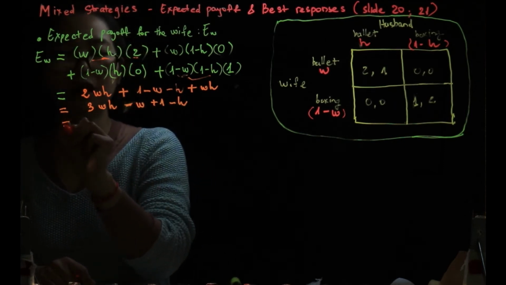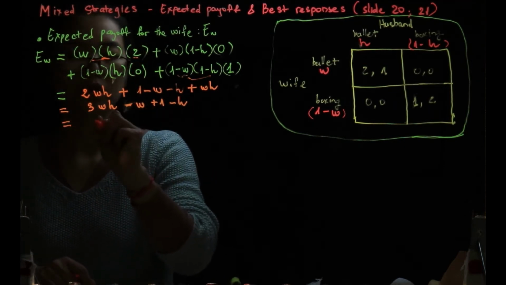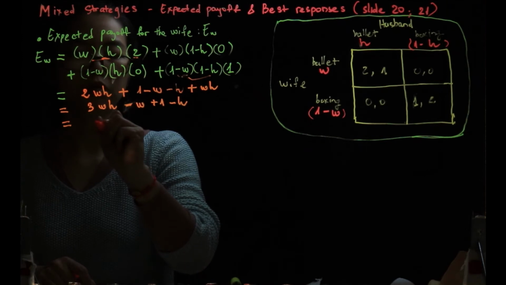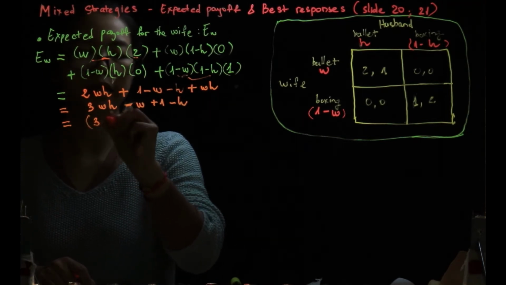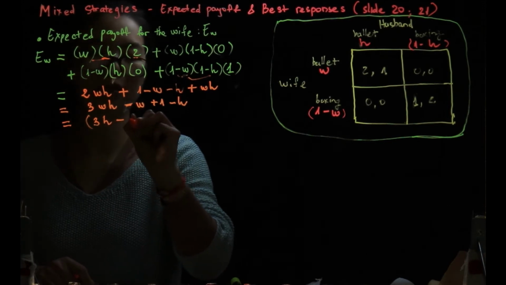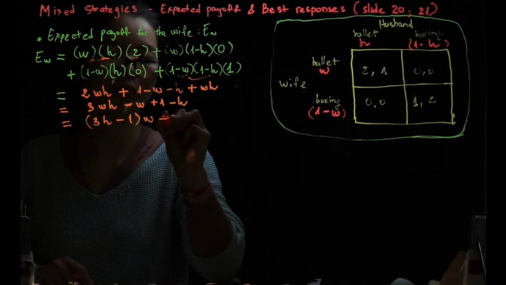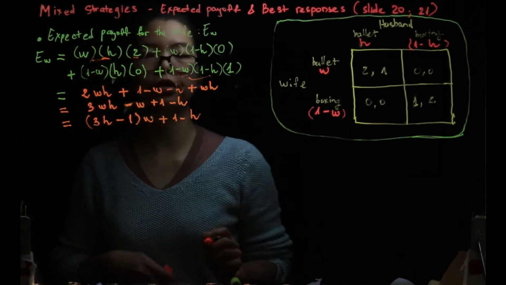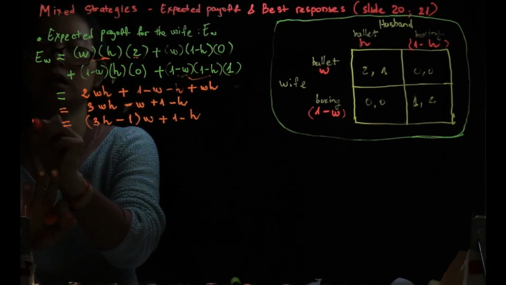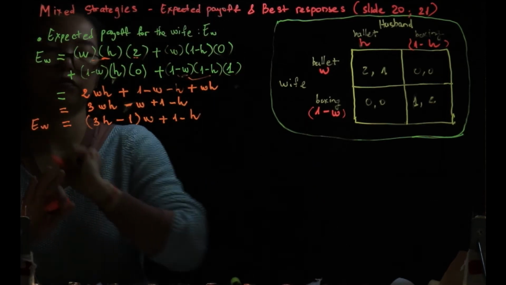And factor out the W's. So you would have in the bracket 3H minus 1, times W, plus 1 minus H. And this is the expected payoff of the wife.